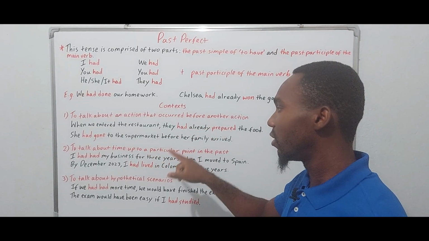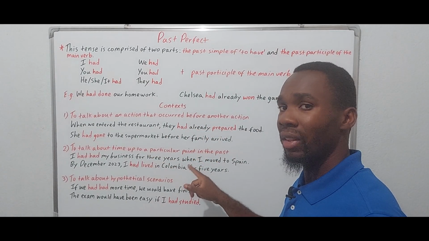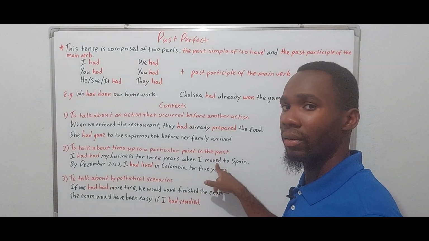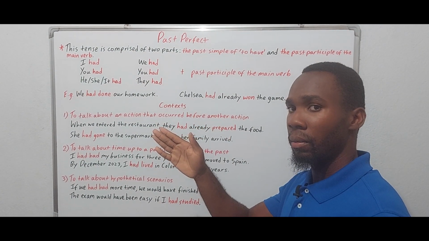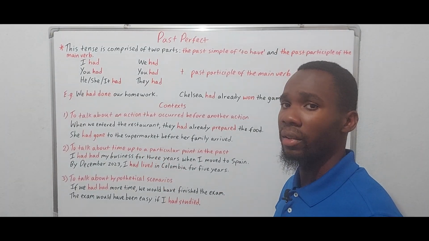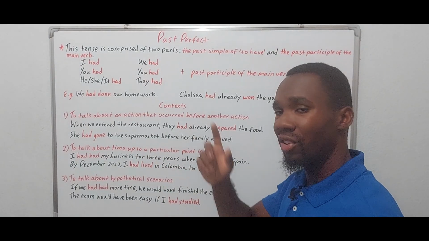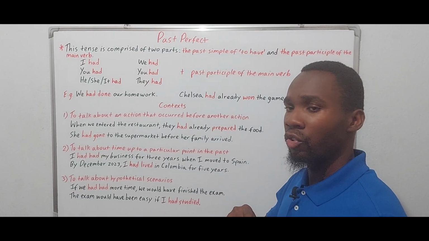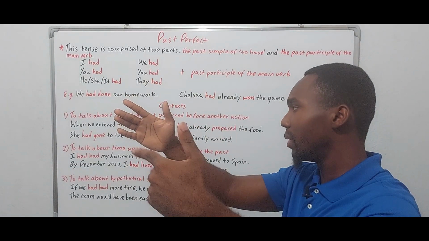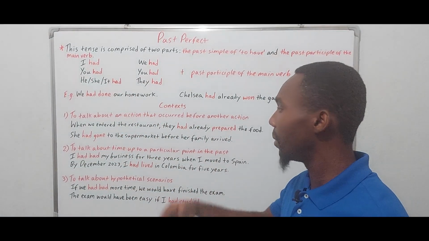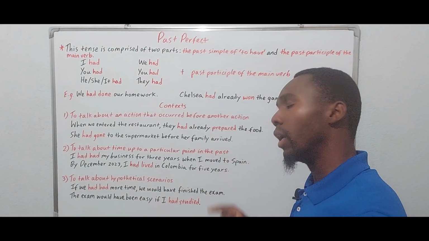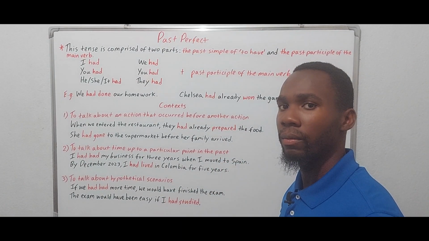I had my business for 3 years. Therefore, this is the point that we are looking at as the end point. But when is the starting point? When I first started the business, which was 3 years ago, okay? So up to that point, when I moved to Spain, I had my business for 3 years, which means that I started my business 3 years before I moved to Spain. You see?